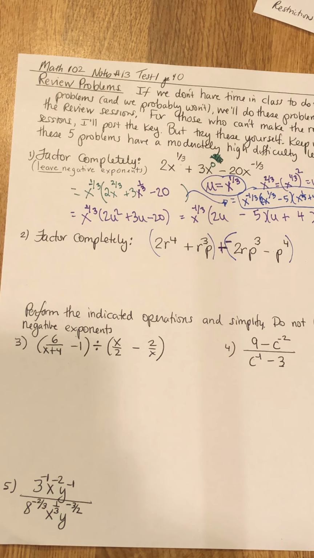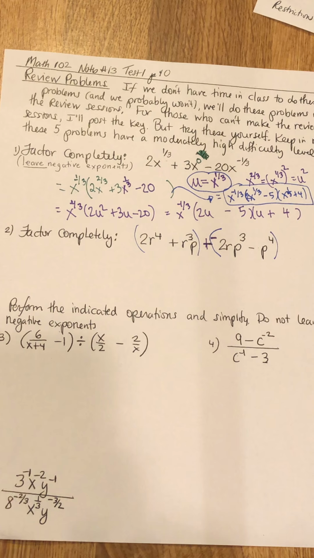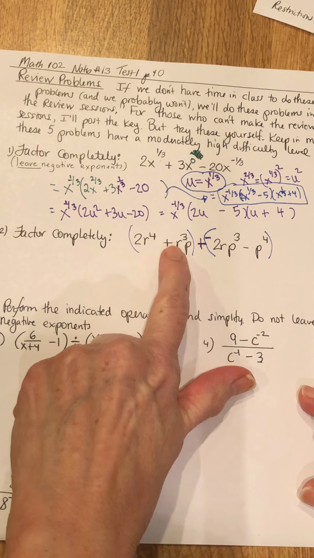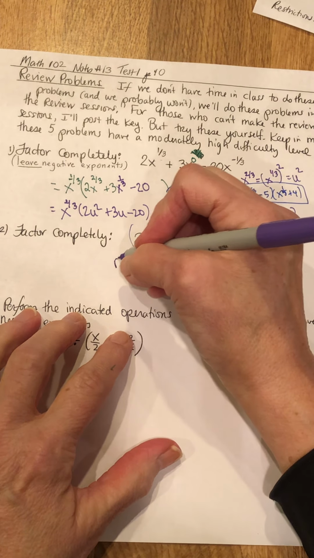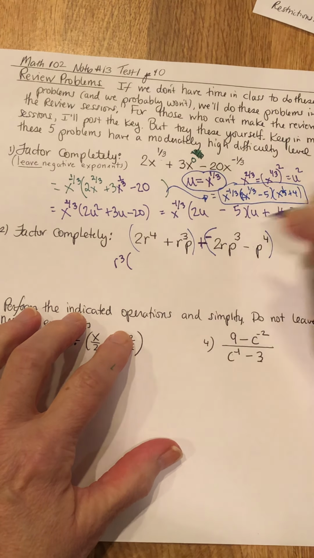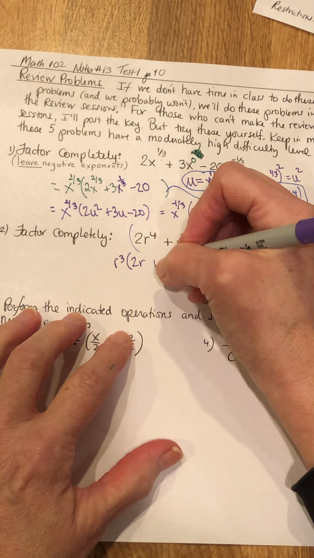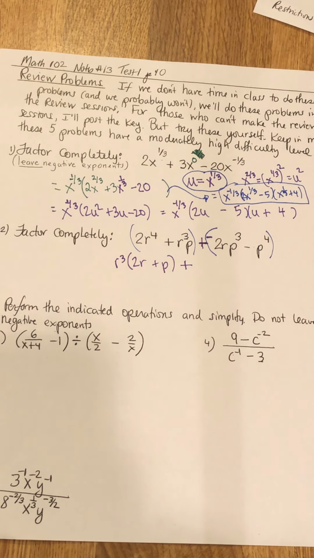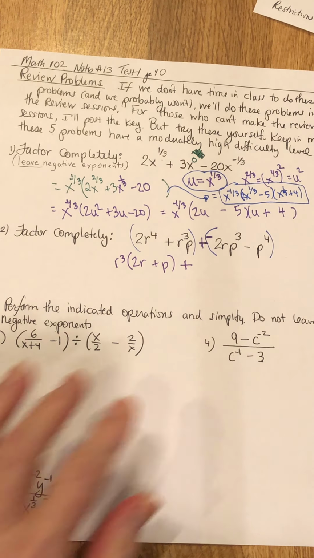All right, so I've got my groups. I look for a GCF in each group. So I look at these two and I see r cubed is the GCF. So that would leave me 2r plus p plus, now you want to think ahead here.